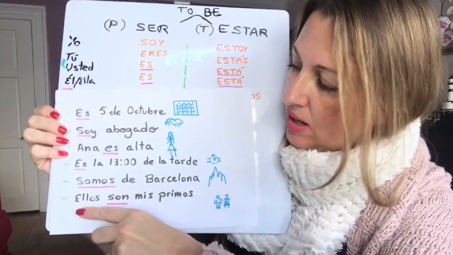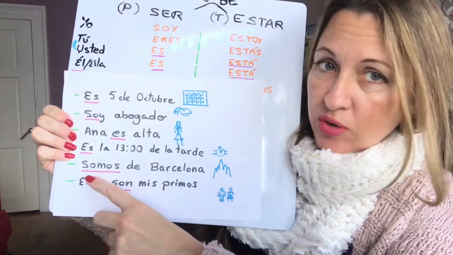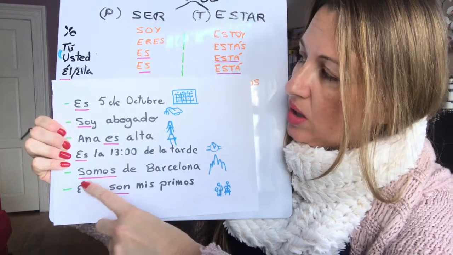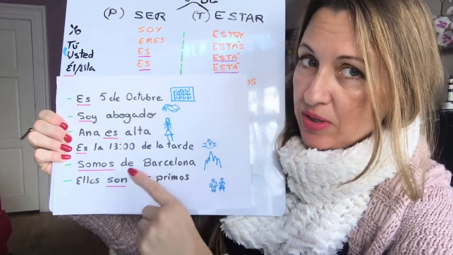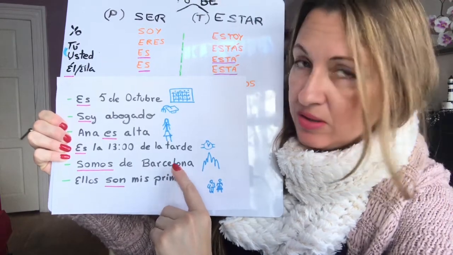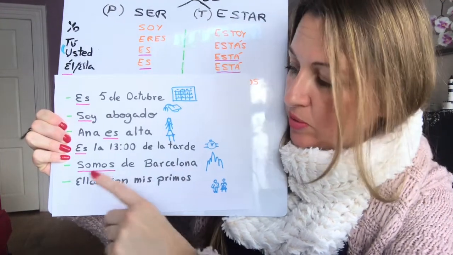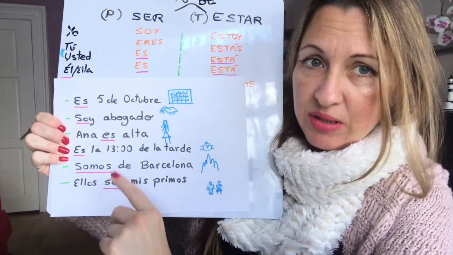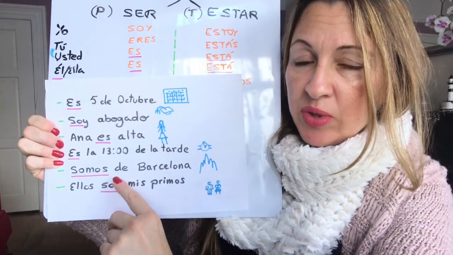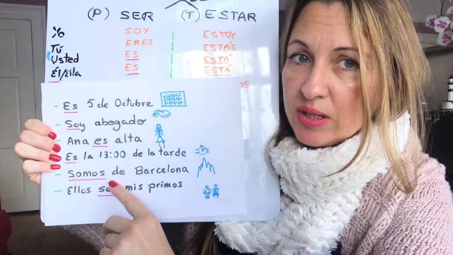Then we have the origin. We are from Barcelona. Barcelona would be the origin, where the group of people would be saying they are from. That would be something that we would consider as a permanent thing.